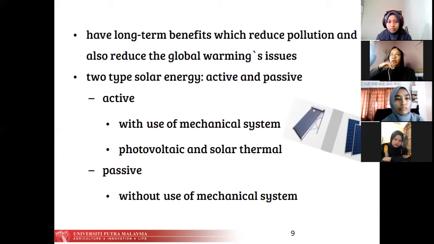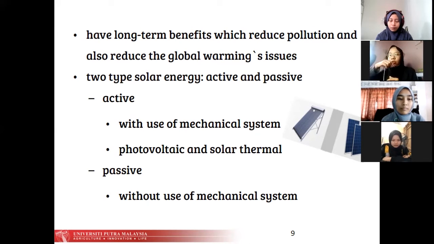There are two types of solar energy, active and passive. Active solar energy can convert the energy from the light into a usable form, such as hot water and electricity, with the use of a chemical system. Photovoltaic and solar thermal are the types of active solar energy.